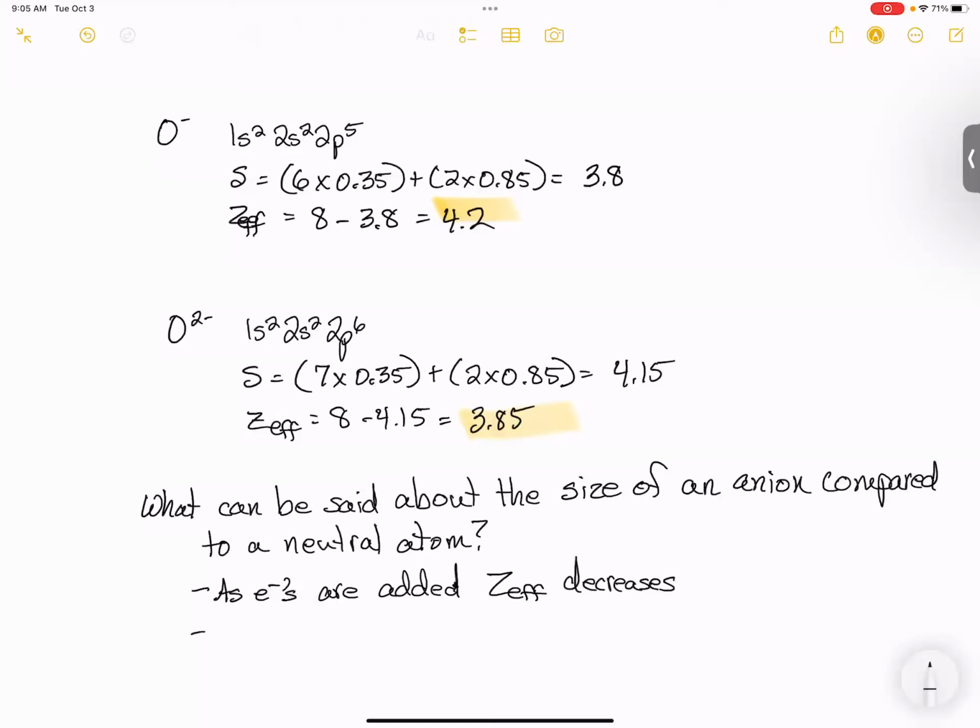Nuclear pull. So in other words, it means that the nucleus has a weaker pull on the electrons as anions are made.